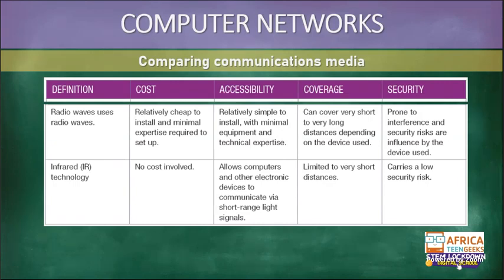The disadvantage of this one mostly is it depends on line-of-sight communication, which means if there is a barrier that blocks you from the device that you want to communicate with, then the signal cannot pass through. Unlike Bluetooth, which can work, Wi-Fi can work, but infrared only works in line of communication. And then it carries a low security risk.